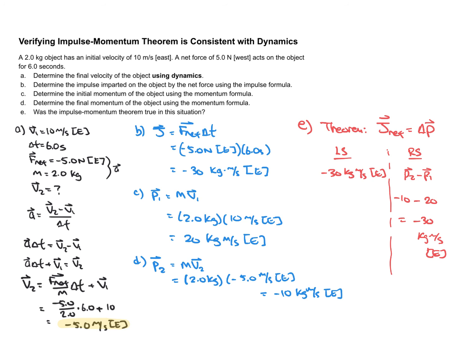And the units of parts B, C, and D all match up to make kilogram meters per second east. So left side equals the right side. Therefore, the impulse momentum theorem is correct for this example. All right, there we go.